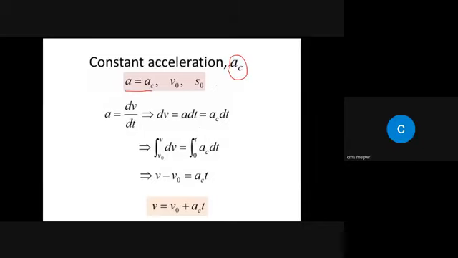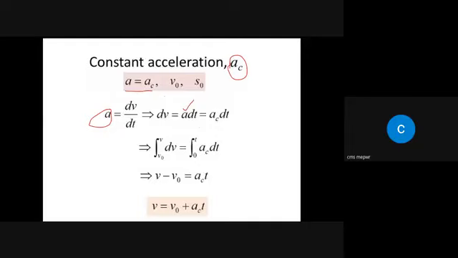Okay, so a is equal to dv by dt. This is the basic equation, and from here we can write dv is equal to a dt. To find this acceleration, we take the derivative of velocity, and if we move the dt to this side, we get this equation. But in this case we have a constant acceleration, so we can put a as constant, a dt, and take the integral of this.